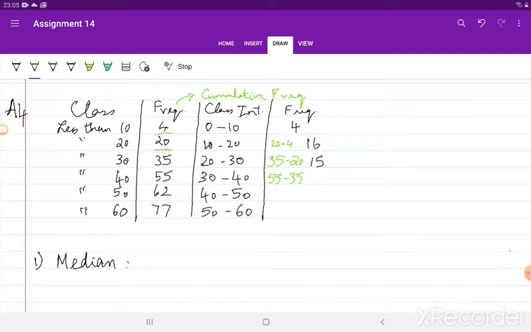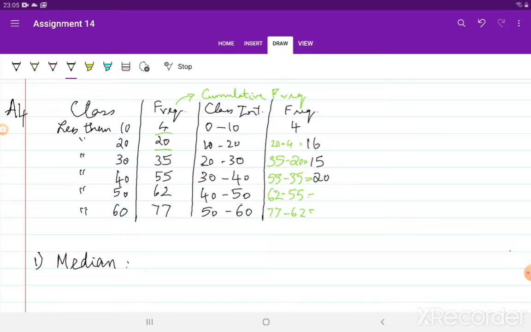Similarly, 62 minus 55 will give you the number of observations between 40 and 50. And finally, 77 minus 62 will give you the number of observations between 50 and 60. So, using the black pen, 55 minus 35 is 20. It's implied, but just in case you get confused.